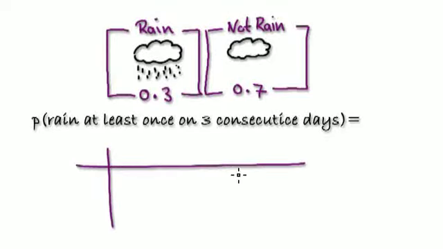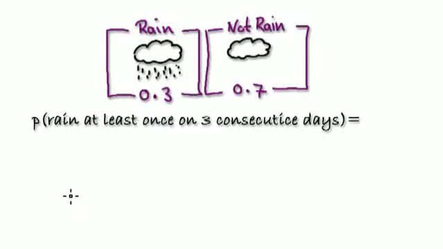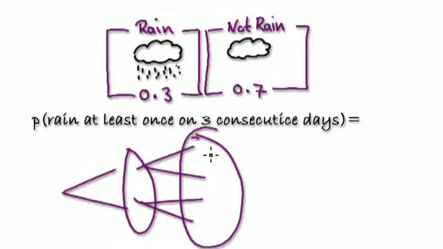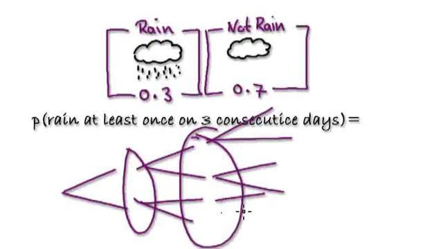So it's pointless doing the table diagram because this would represent your first day. This would represent your second day. But how would you represent your third day? So the table diagram breaks down. Whereas if you use a tree diagram, first day, second, and then second day, okay, and then on your third day, it could branch out even further.